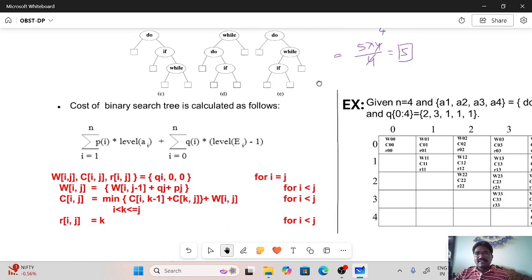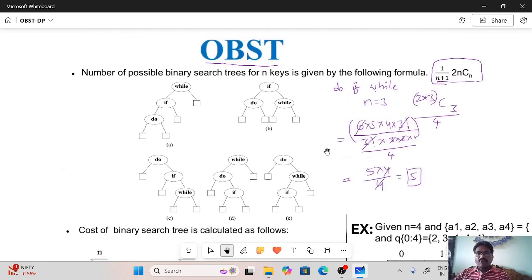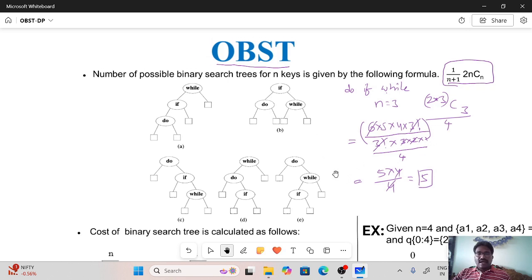Before we discuss that example, I am going to explain how you calculate the binary search tree cost. Any binary search tree has a cost that depends on two frequencies. One is for which key element we are verifying. For example, in this case we have three keys: do, if, while.